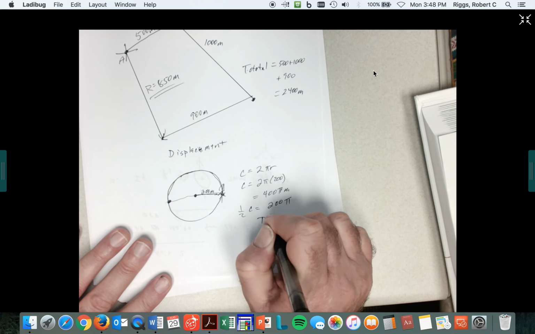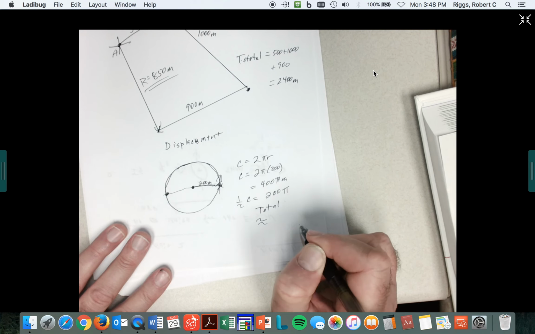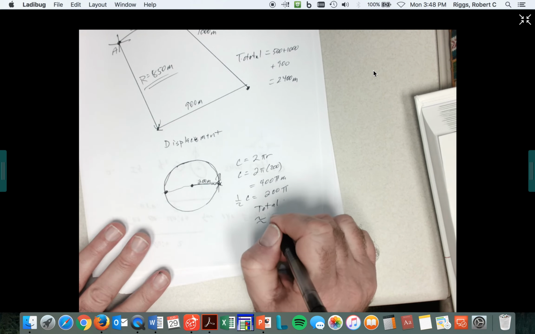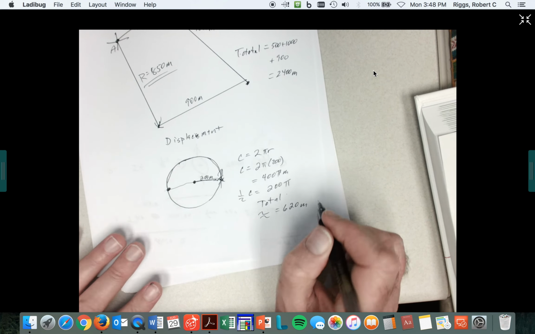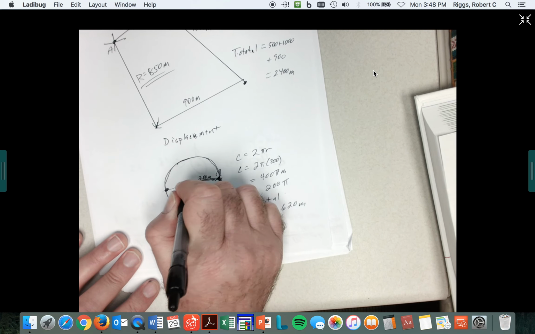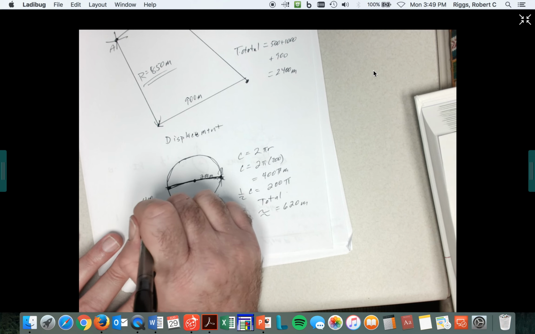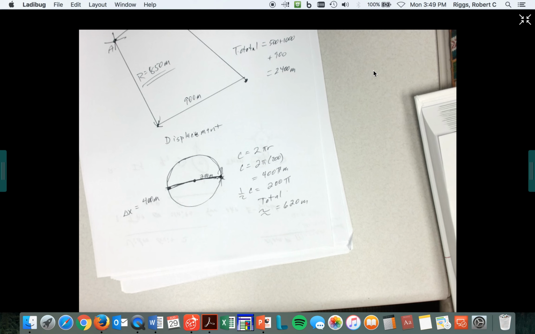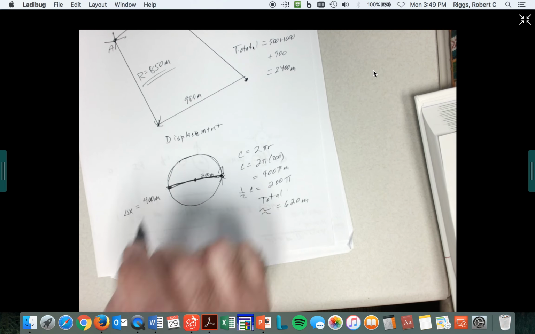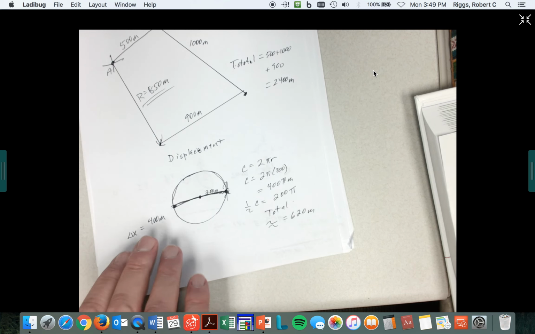That's my total distance, which would be ballpark 620 meters. My displacement, on the other hand, from here over to here, would be 400 meters. My change in position is 400 meters. Big difference between the total distance and the displacement there. Those are two big examples. All right, this is video 1.